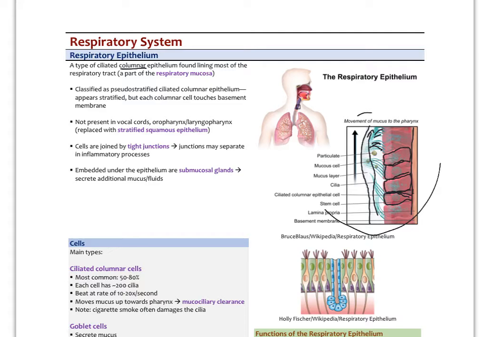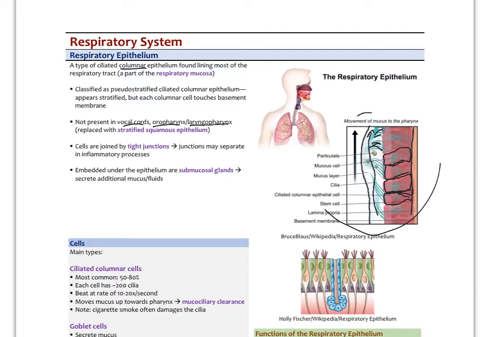The respiratory epithelium is, like I said, in most of the conducting zone. It's not present in the vocal cords, in the oral pharynx or the laryngeal pharynx. That's because the oral pharynx is your throat if you go straight back from your mouth, and the laryngeal pharynx is the area right below that goes into your larynx and the vocal cords.